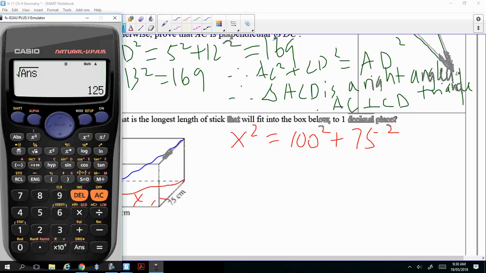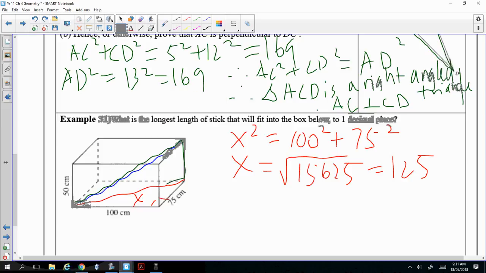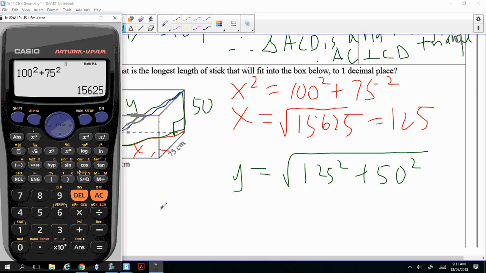Square root of what number? 15625. Okay, you found x. And once you find x, we'll note that this is a right angle triangle. So let's call that y. This is 50. So to get y, you get the square root of 125 squared plus 50 squared, and then you just work it out on your calculator. 18125.